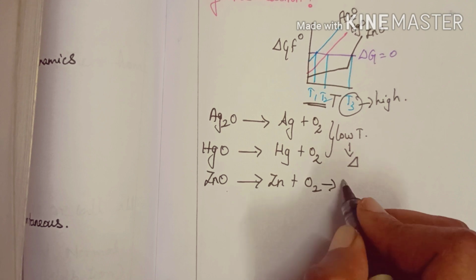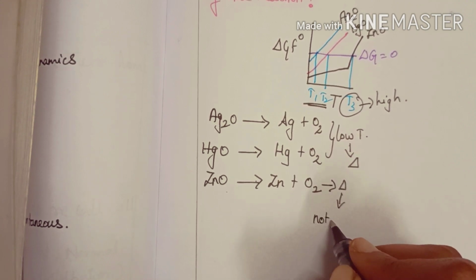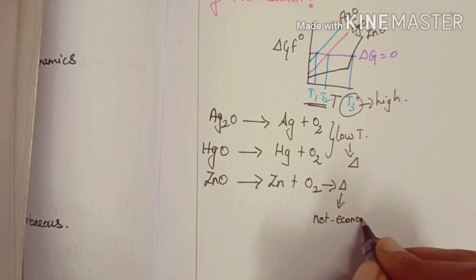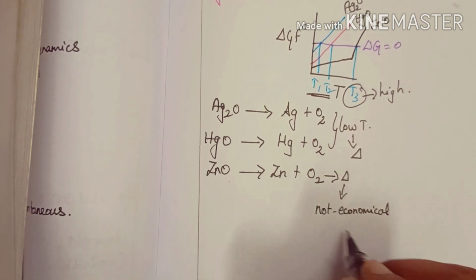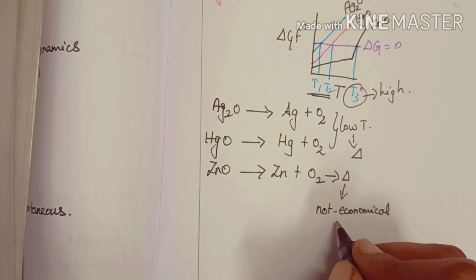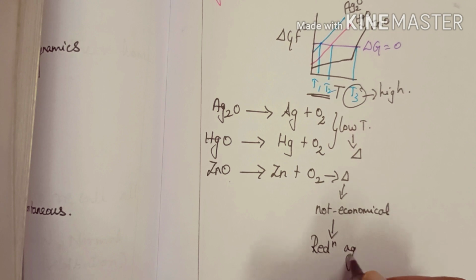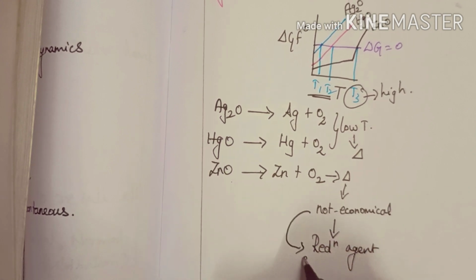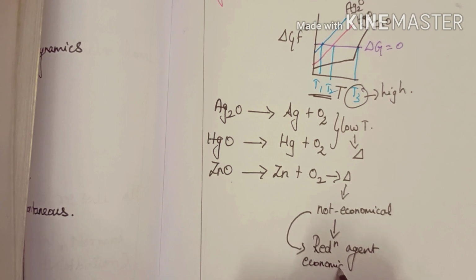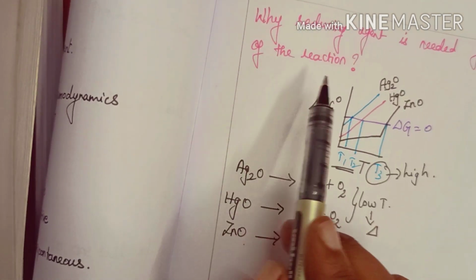So when you heat and decompose, the process will not be economical. Hence, for this, we are using a reducing agent to turn this process into an economical one. That's why reducing agent is needed for most of the reaction.